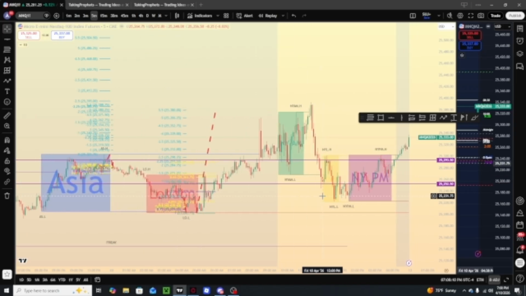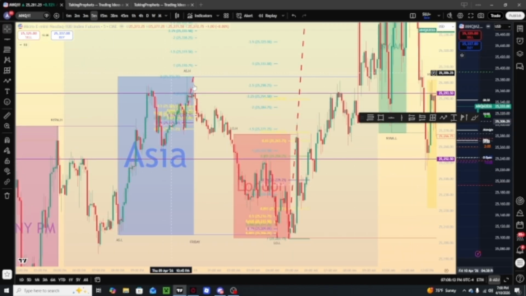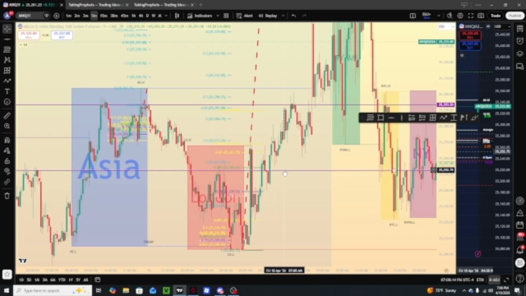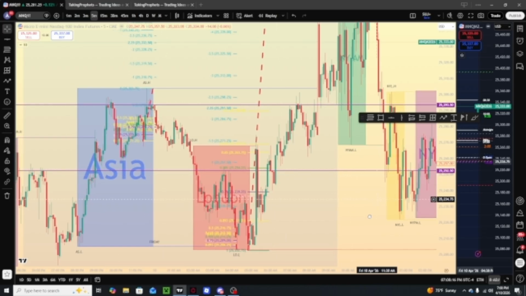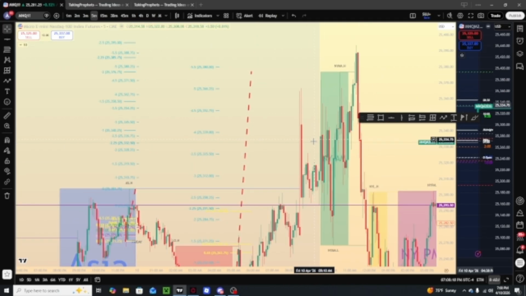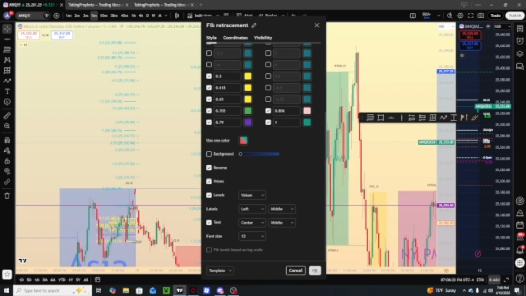So if we are above daily open and the midnight open, which is at 6 and 12, we are only looking for shorts. So in this scenario, we are looking for shorts.